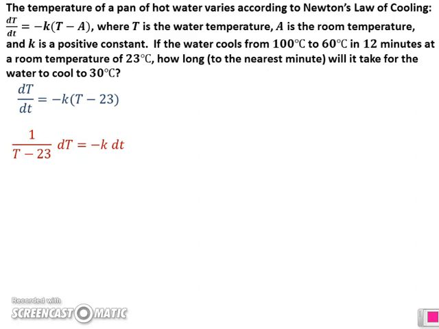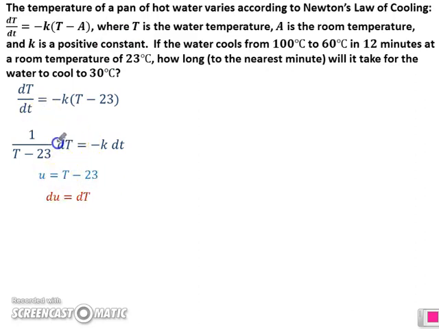And before you can integrate this, technically you can't integrate the way it looks. If it was 1 over t, then it's natural log. But you have to use substitution here, where u is the T minus 23. And the derivative is really just 1. So 1 dt, this is 0.